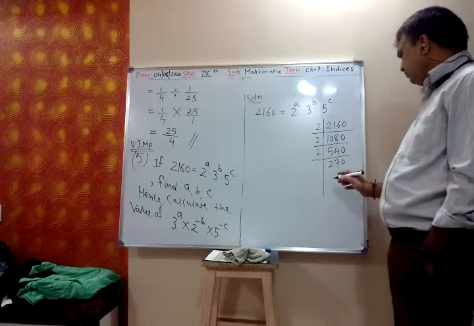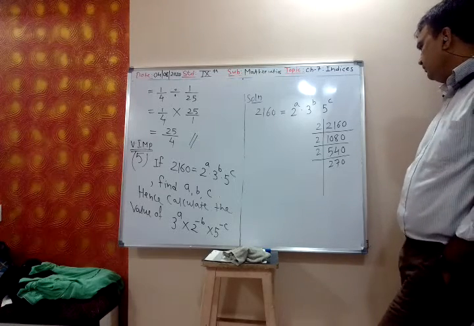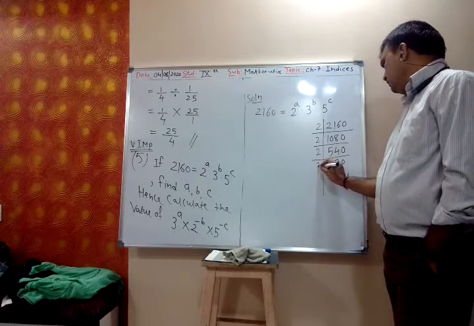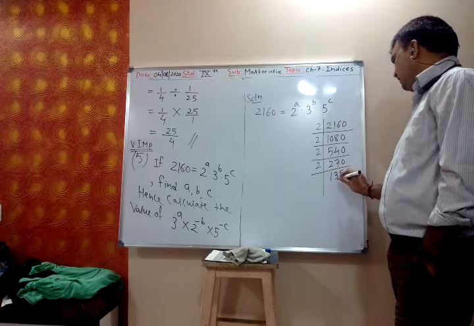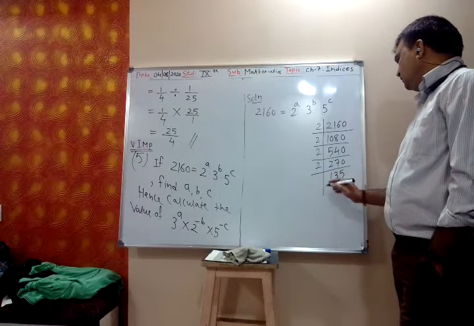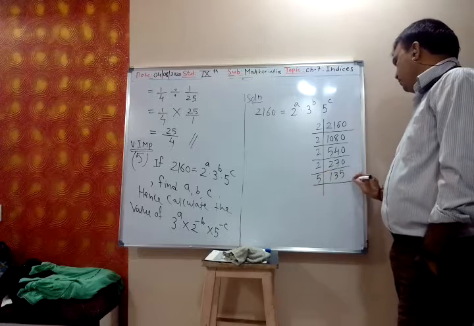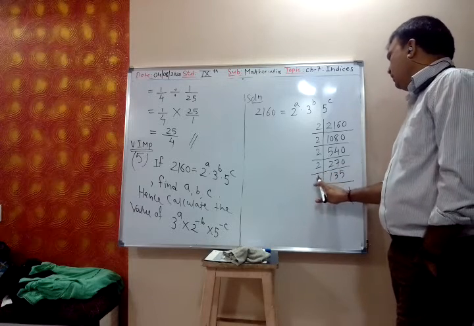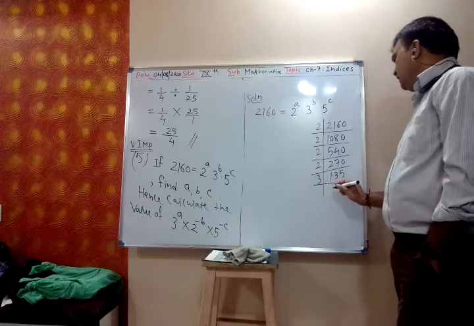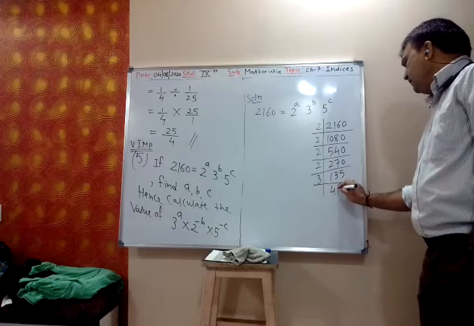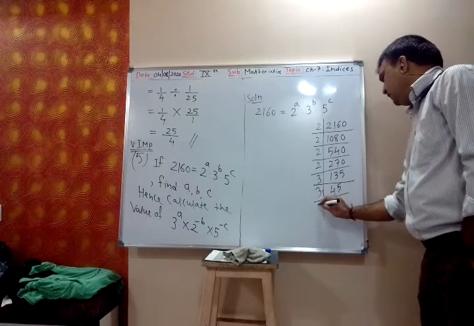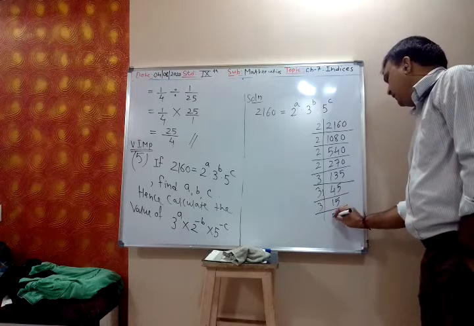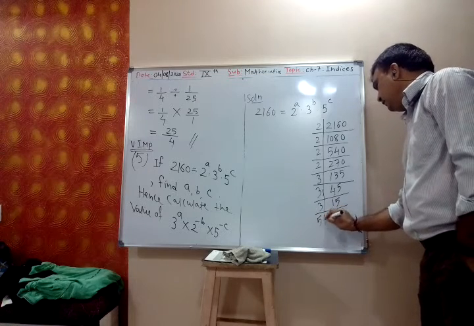Now, two ones are 2, 2 3s are 6, 2 5s are 10. Then 5, or 3, whatever you want. 3 4s are 12, 3 5s are 15, then 3 5s are 15, then 5 1s are 5, correct?